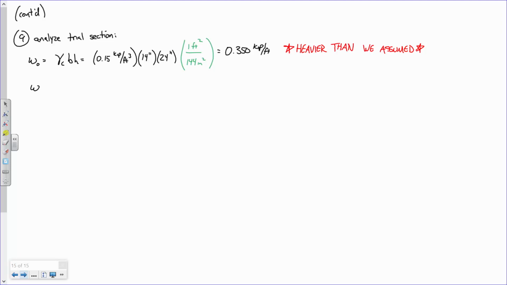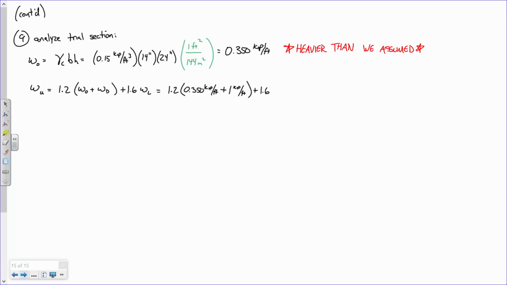All right, so W sub U is 1.2 W naught plus WD plus 1.6 WL. So that's 1.2 times 0.35 kip per foot plus 1 kip per foot. Remember, that was the superimposed dead load.